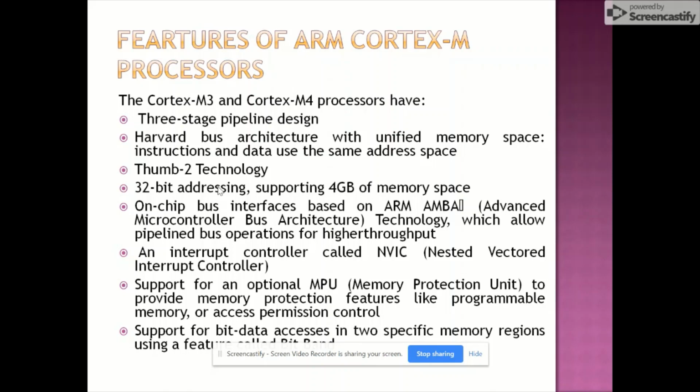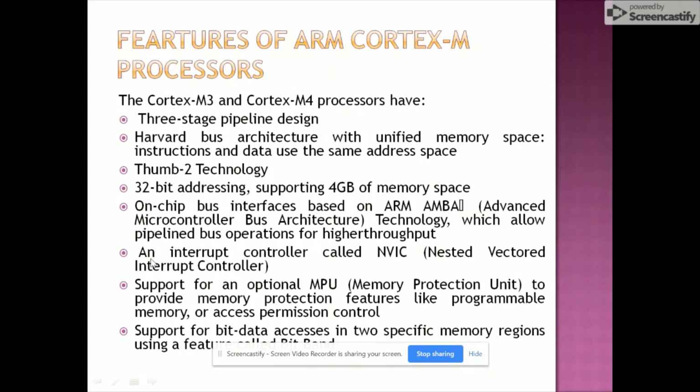Coming to the memory system, it uses 32-bit addressing, which allows a maximum of 4 GB of memory space. The memory space is used by program code, data, peripherals, and some of the debug support components inside the processor. Another important module is the interrupt controller, called the nested vector interrupt controller.